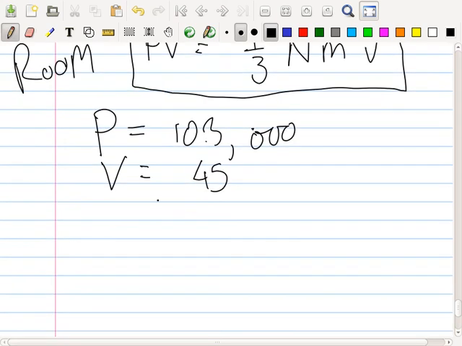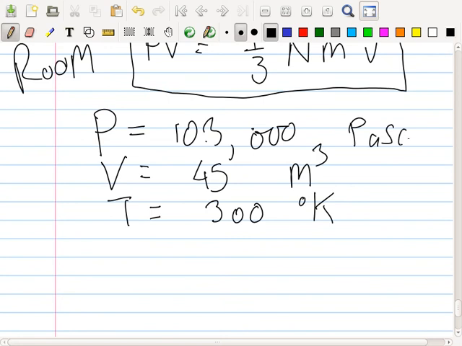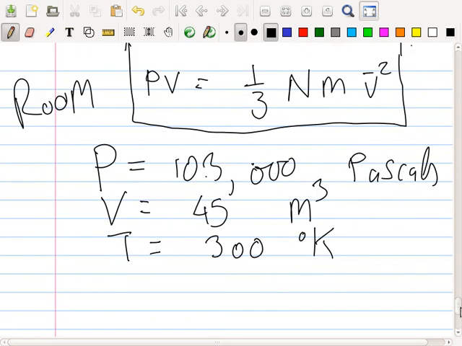Yes? What else did we have? The T, what did we say the T was? 300? No, I'm going back to the question I gave you. What else did I give you? PVT. Oh, and we know the R is 8.31. This is all the formula for the room. R is a constant.